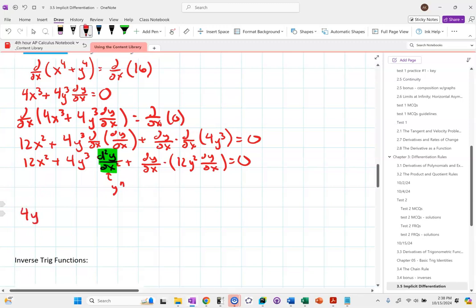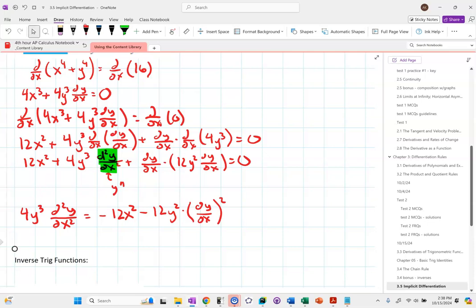So I'm going to subtract over the 12x squared, and I'm going to subtract over the 12y squared. What's dy dx times dy dx? dy dx squared.